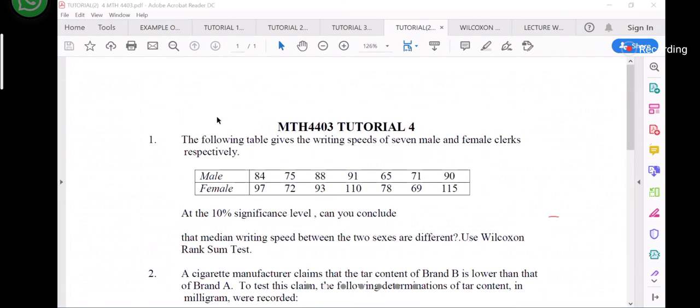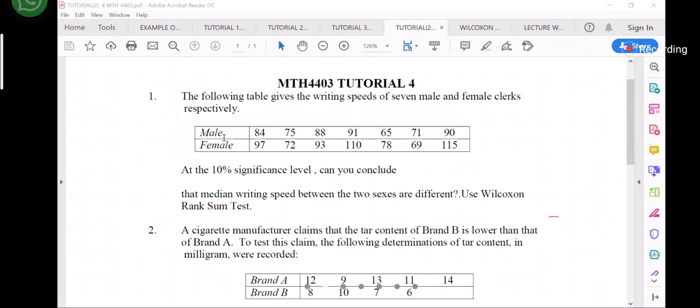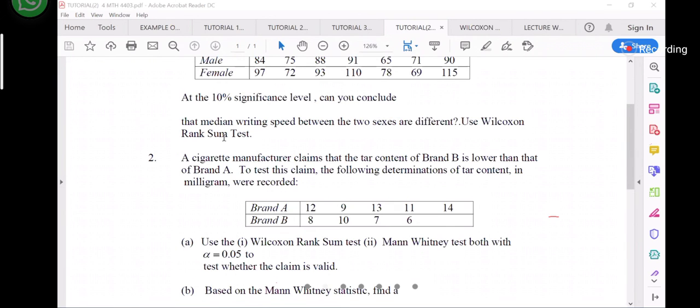Prof, I have a question. For number 2, tutorial 4, if I do MA greater than MB, is it okay? Because brand B is lower than brand A, if I do MA greater than MB for the alternative hypothesis, is it okay? Okay, no problem.